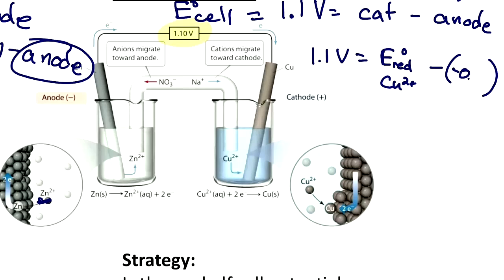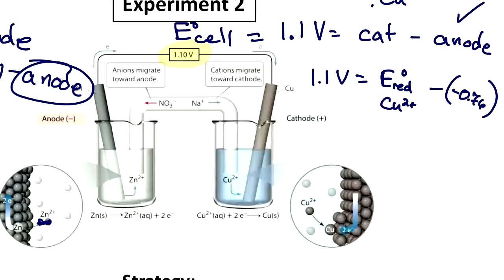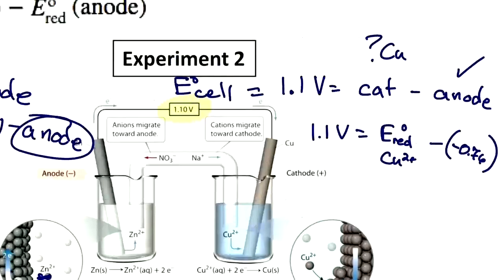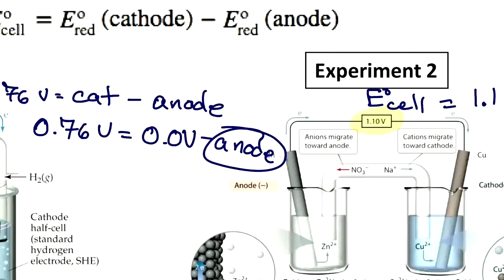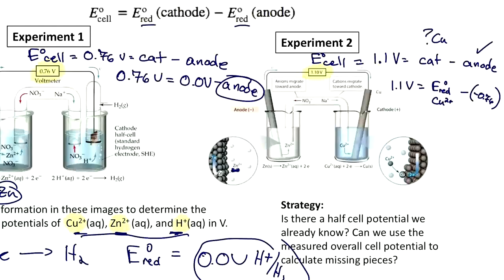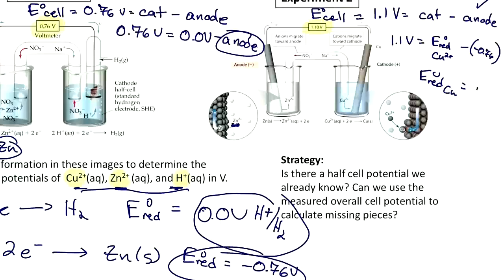It's negative 0.76, because we always put reduction values in this equation. See how it's reduction for both? Even though oxidation happens at the anode, you still always put the reduction values straight off the table. When you solve for that, the reduction potential of copper is equal to, what's the answer? 0.34 volts. There we go.